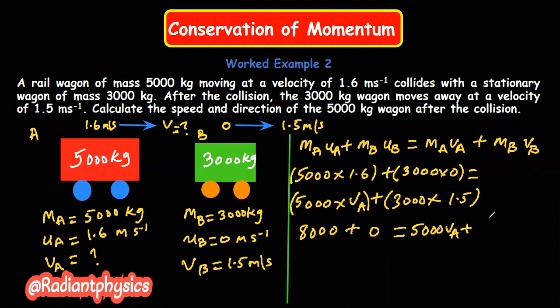Let's punch the calculator and see what we have. So we have 4,500, right? Okay, so if we rearrange this equation, we are going to have 8,000 plus 0 is 8,000. That is collecting like terms. So this one comes here.